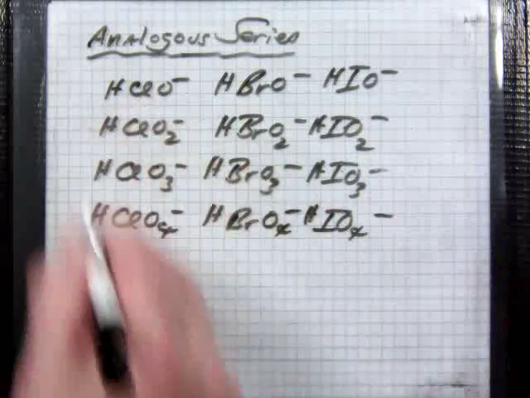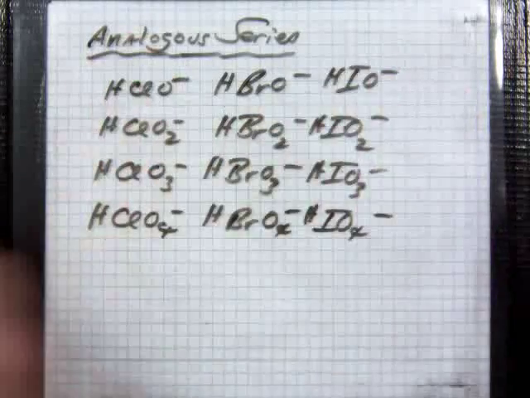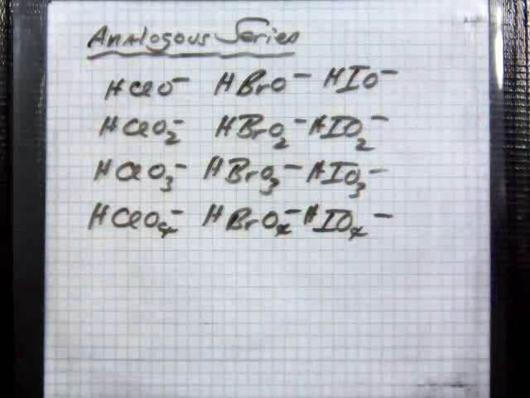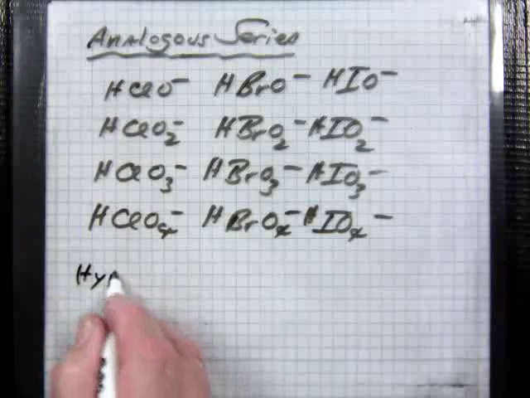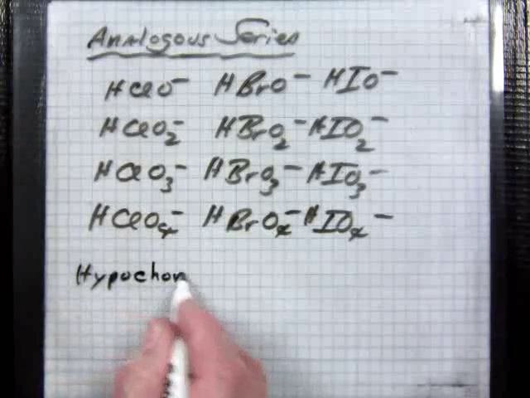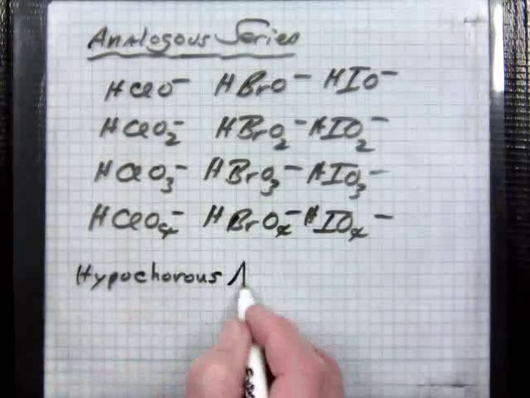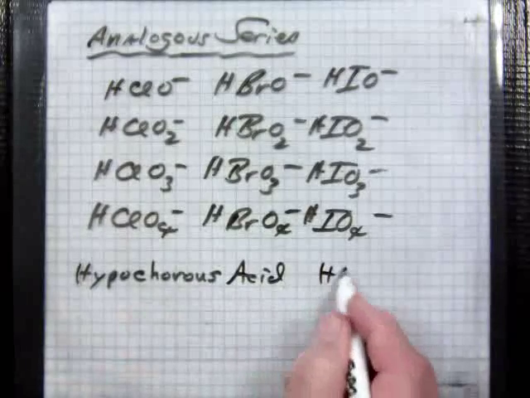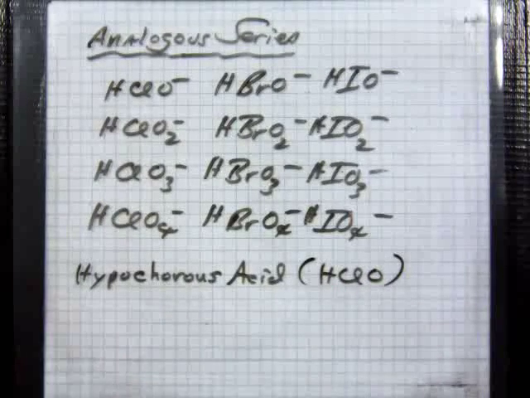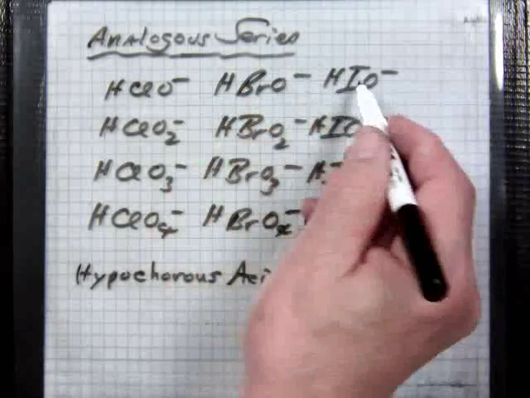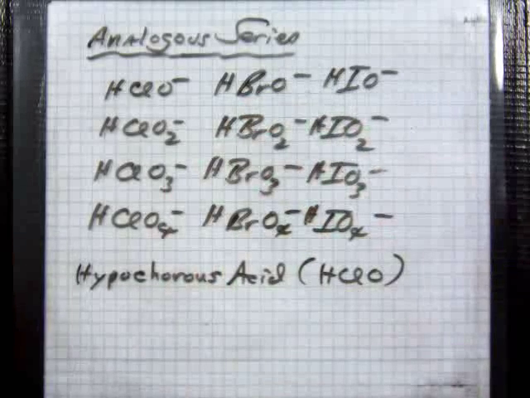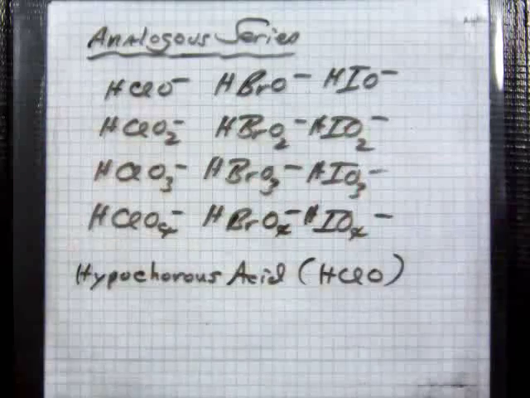So I'm going to name this set, and you'll see how the next set is easily named from the systematic listing. So this is called hypochlorous acid, right there. Well, then that would be hypobromous acid and hypoiodous acid. See that? That's called analogous series, a similar series.